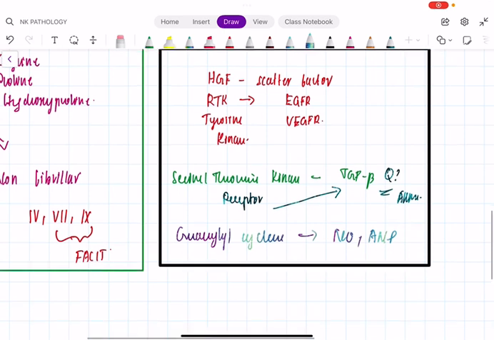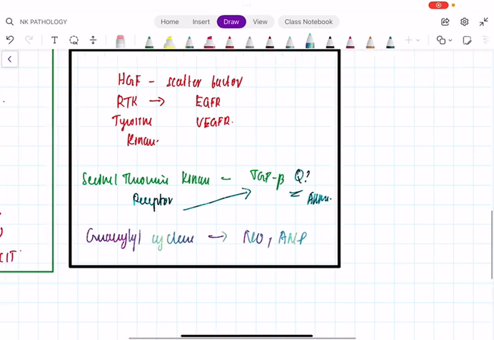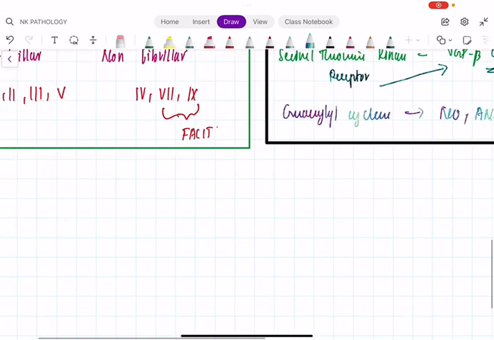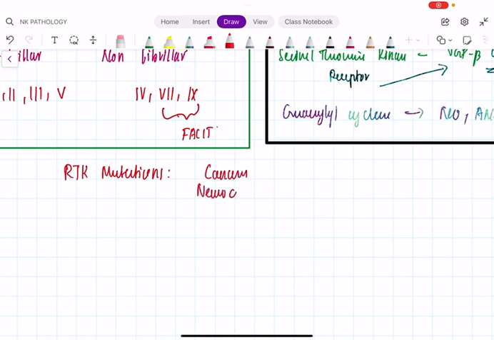And some group of disorders associated with tyrosine kinase mutation. RTK, receptor tyrosine kinase mutations. What are the associated diseases? Cancers, neurodegeneration, achondroplasia, and atherosclerosis.